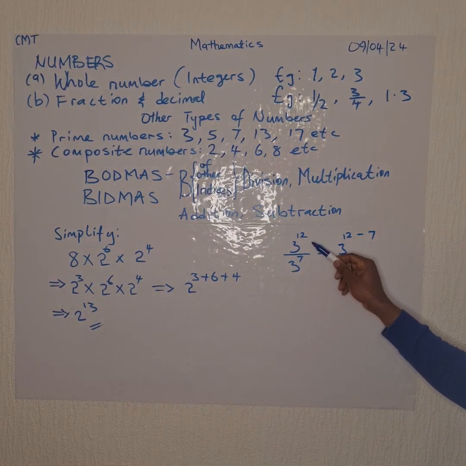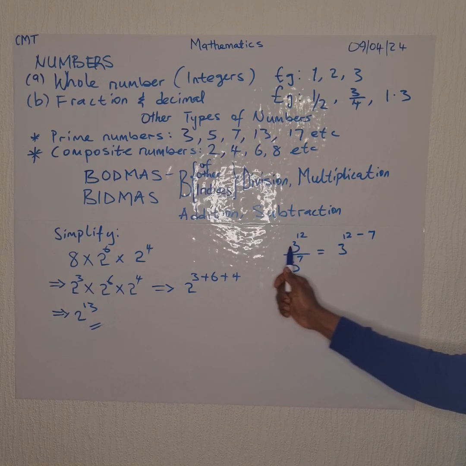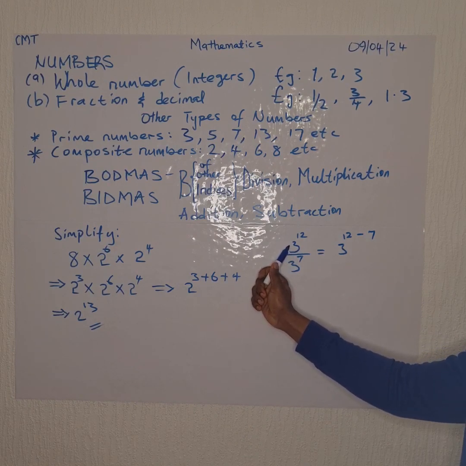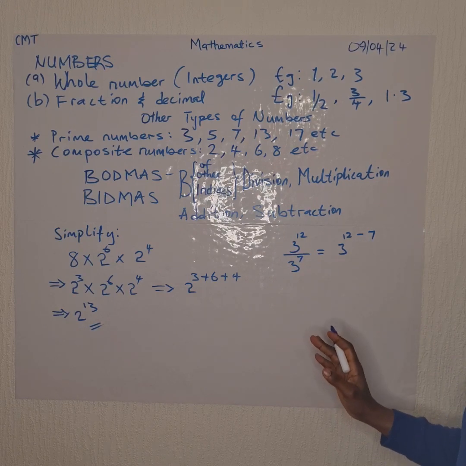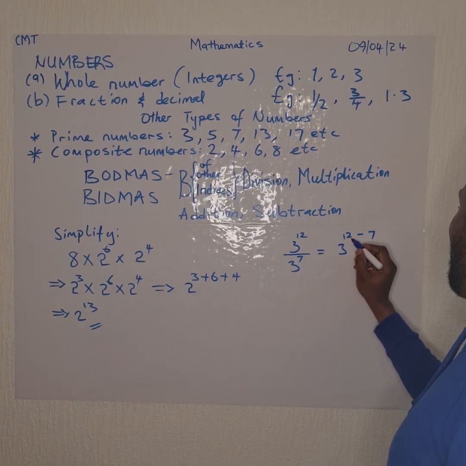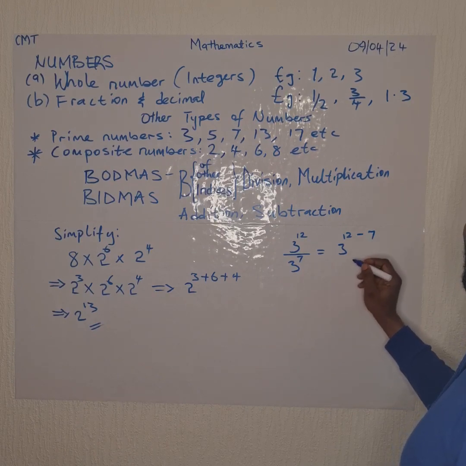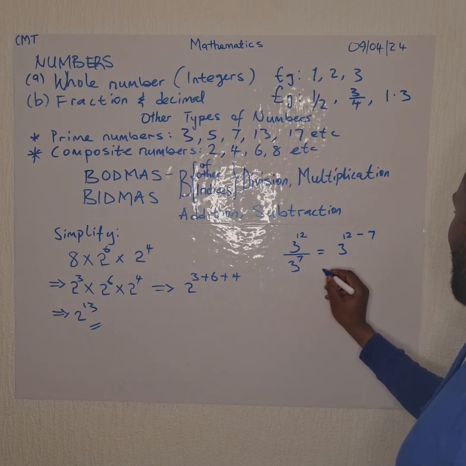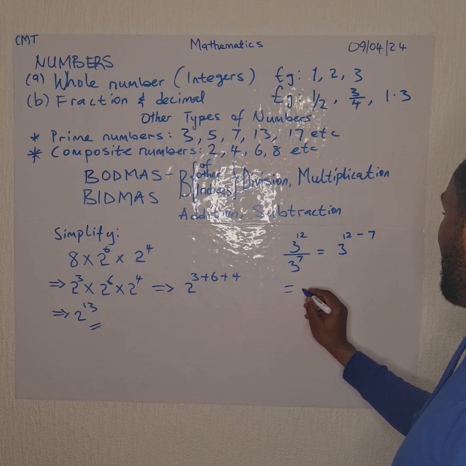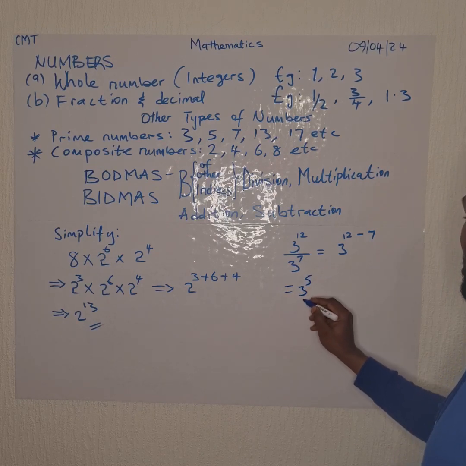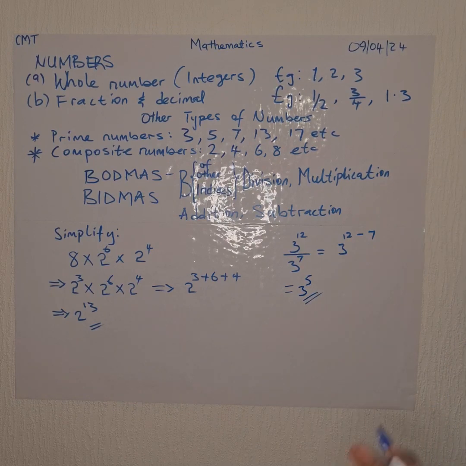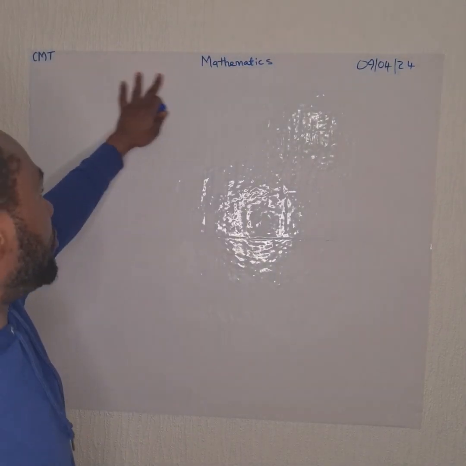However, if you're dividing numbers with the same base and power, you just have to subtract. Nice and easy. 12 minus 7, and we'll have 3 raised to the power 5. And that's it. Easy. Take some word problems.